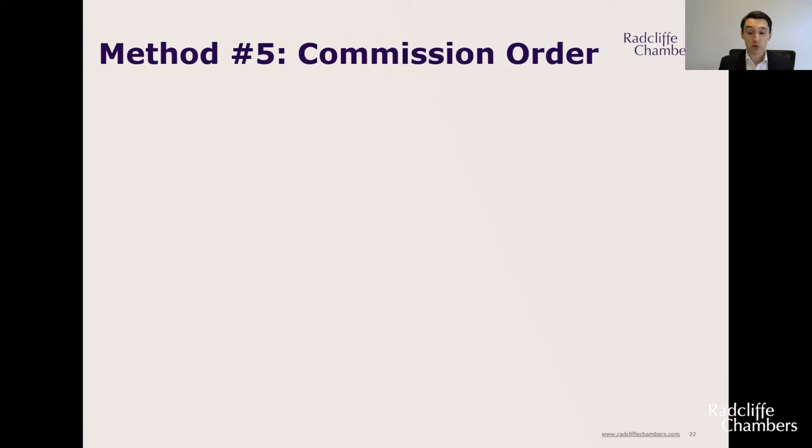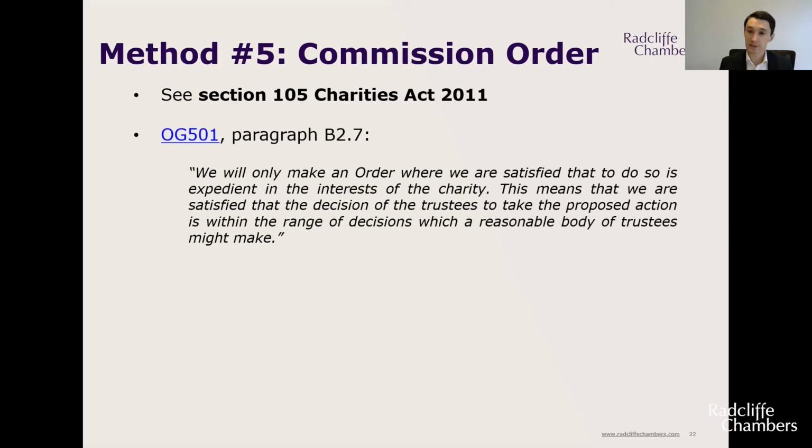The final option for transferring assets would be to apply for an order from the Commission under Section 105 of the Charities Act. Now, this appears to be the least common method for effecting a transfer, but it has been known to happen. The Commission has said that it will only make an order where it's satisfied essentially of three things.